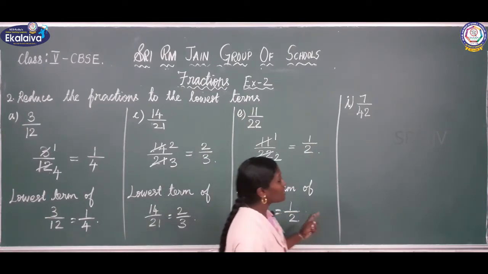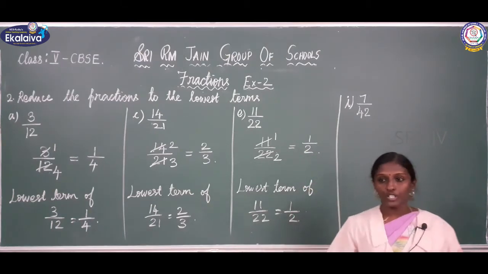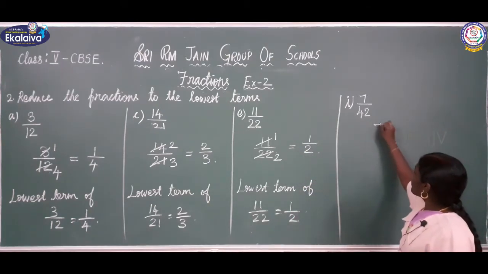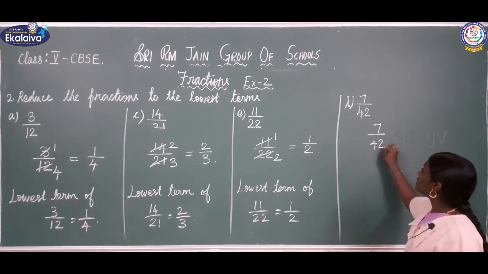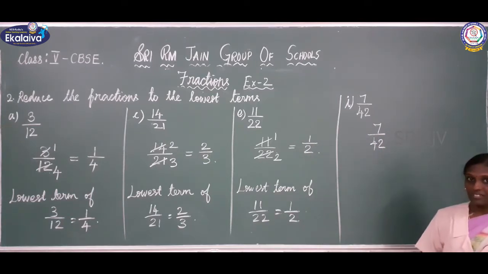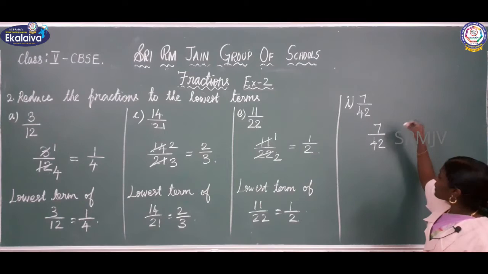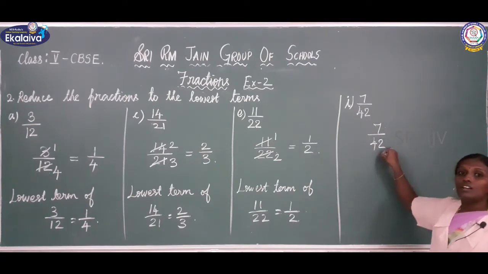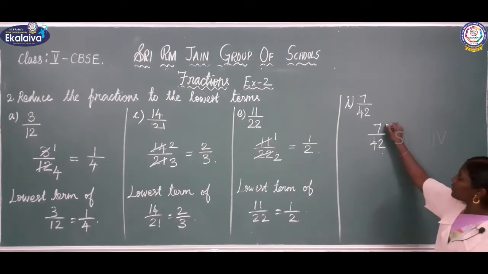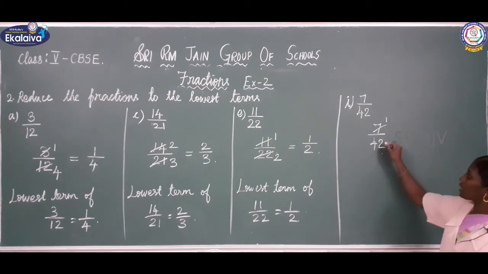Okay. Then the next fraction is 7 by 42. For 7 and 42, which are the common factors? 1 and 7, isn't it? So here 7 is the prime number. So we can reduce the numerator and denominator by 7. In 7 table 1 time, in 7 table 6 times.